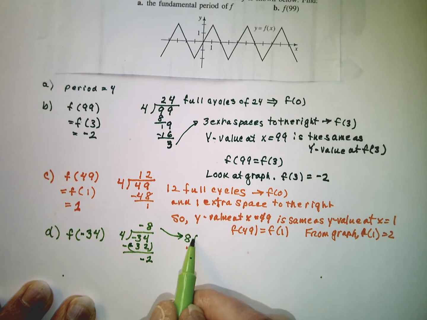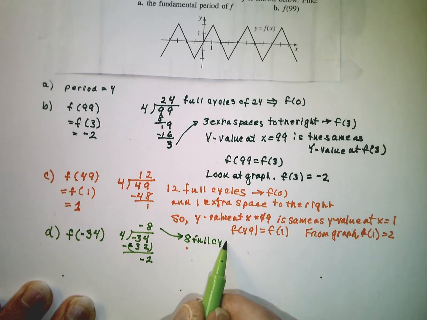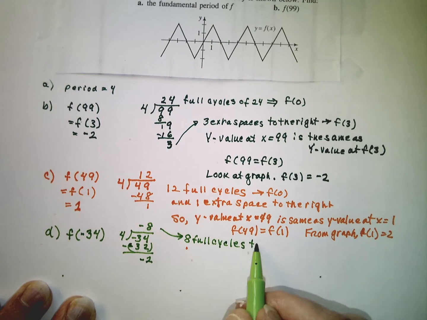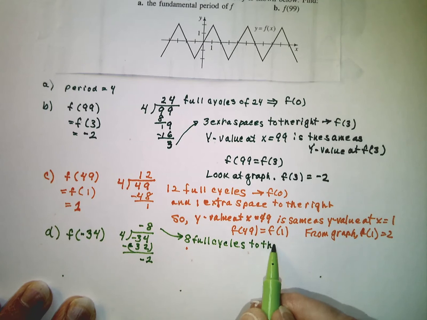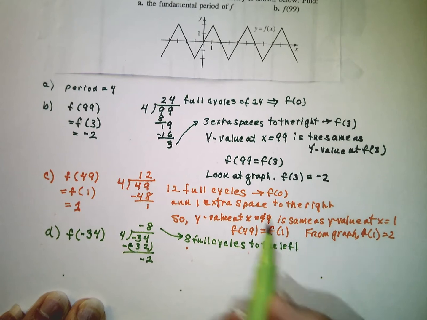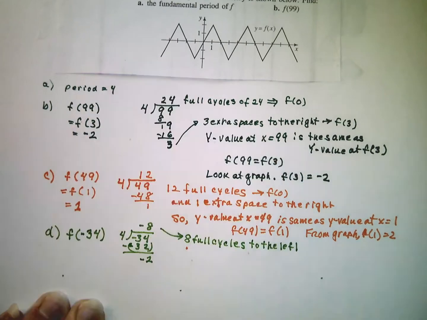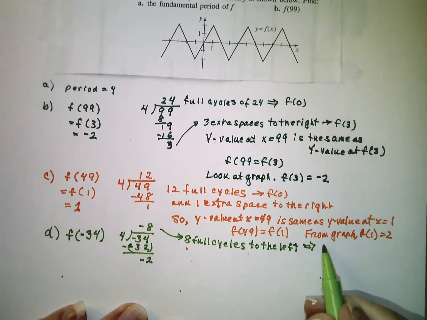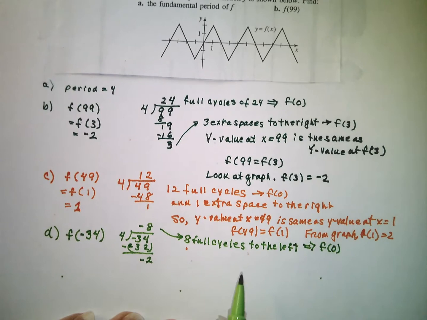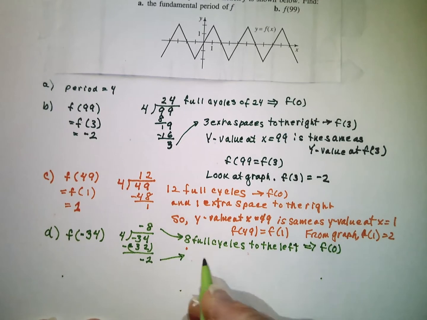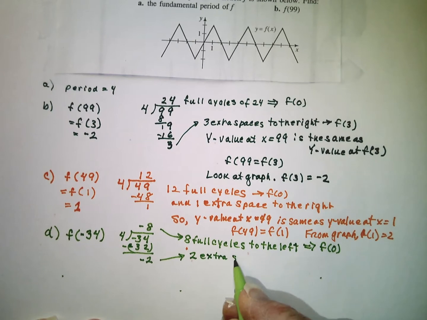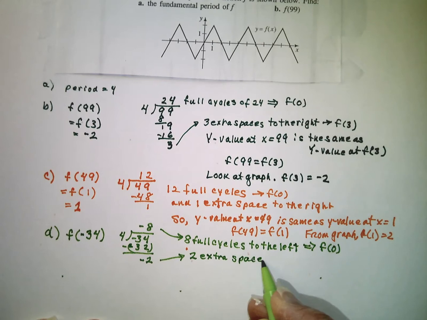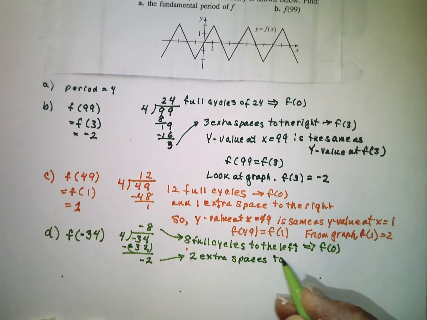So we have 8 full cycles to the left, which we could draw, 8 full cycles out here to the left. Don't want to. That puts us at the same value as f of 0. And we have 2 extra spaces to the left of that.